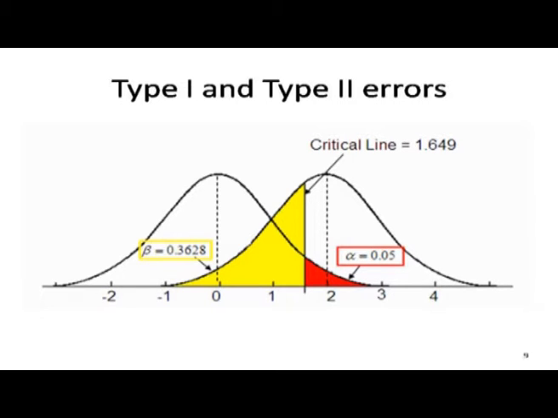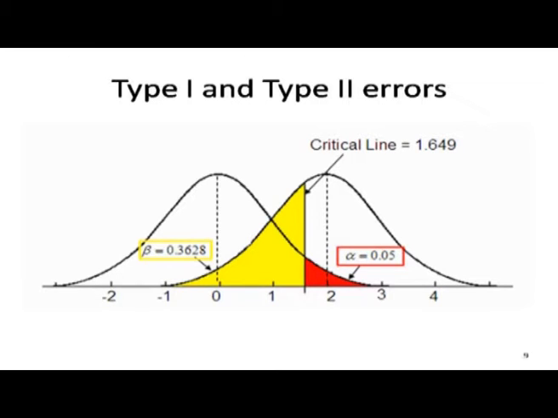For this area, the area under the probability density function of alternative hypothesis, t distribution, this is t distribution under alternative hypothesis. So, what is this yellow area?